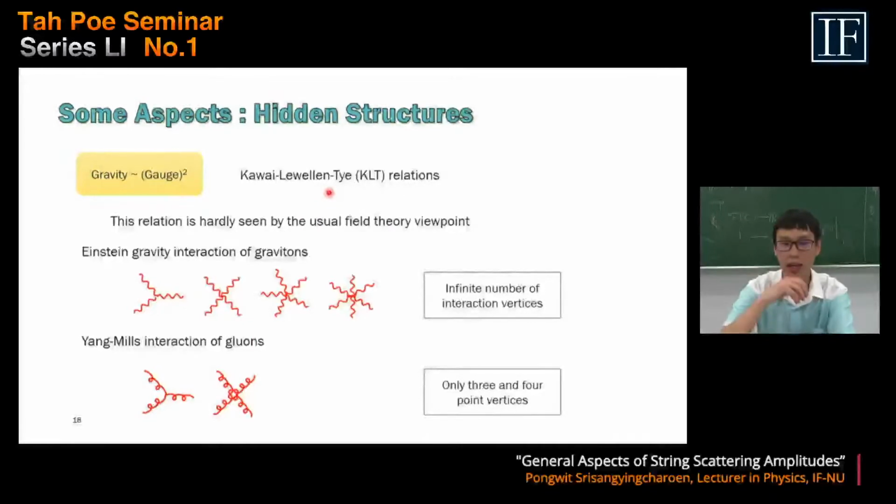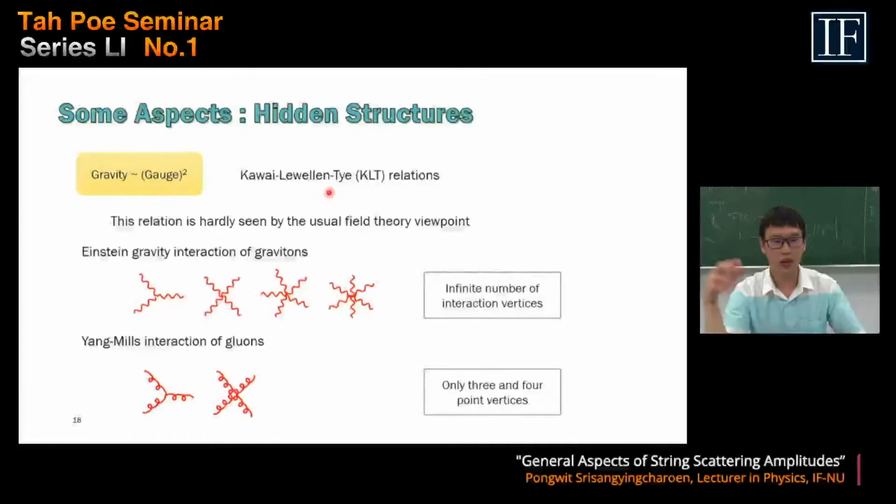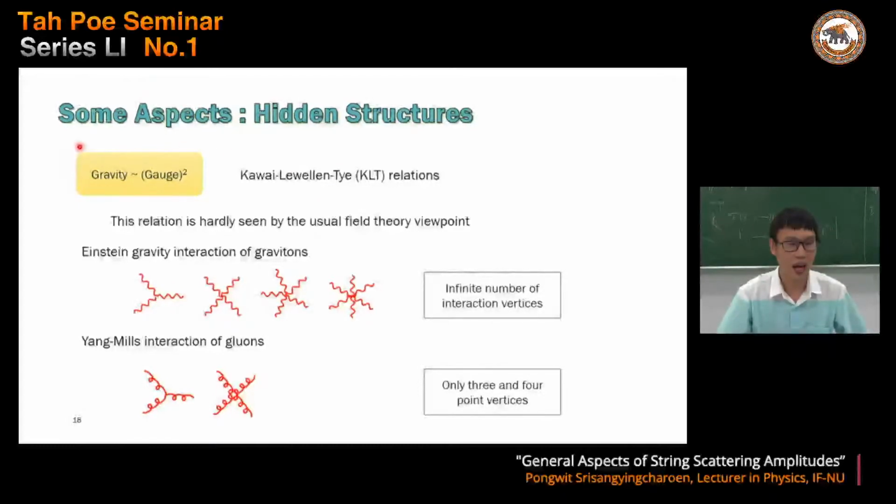The KLT relation relates the closed string amplitude and the open string amplitude, and expresses the closed string amplitude as the open string amplitude squared. Because the closed string contains the graviton, or gravity, and the open string contains gauge particles, in the field theory limit it means we can construct gravity as the square of gauge theory.